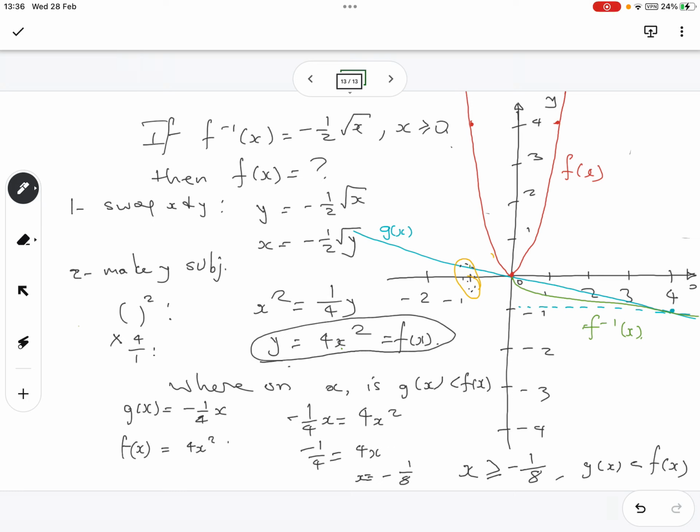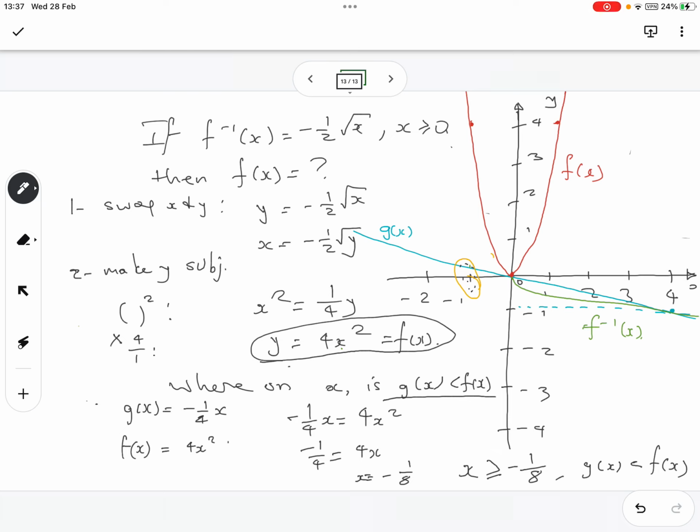That means where x is positive and greater than negative 1 over 8, then g of x is less than f of x. Let's start at negative 1 over 8 and substitute that. I'm going to start with f of x.